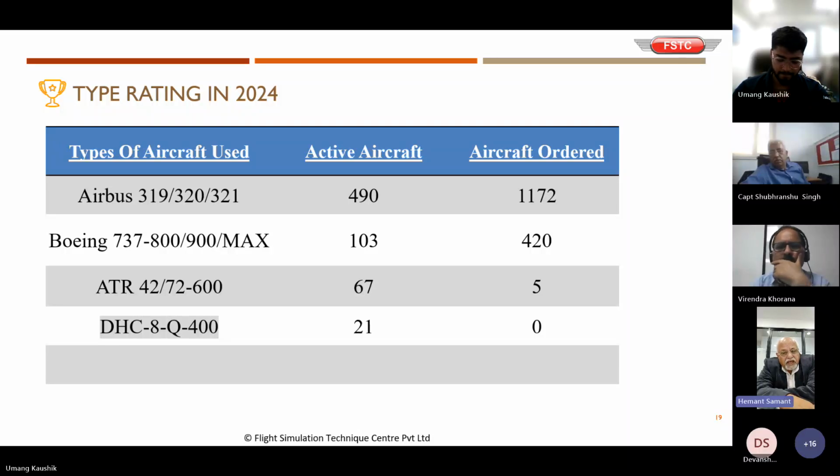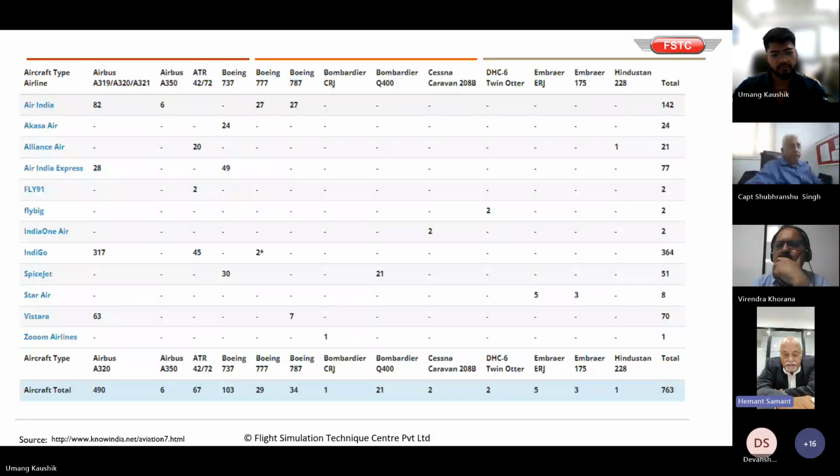I think in my last discussion, I had given the view as to what the market is, how the market will move, and yes, there would be a few vacancies now. However, looking at the number of aeroplanes in Indian airspace presently and on order, I would have thought what I said.